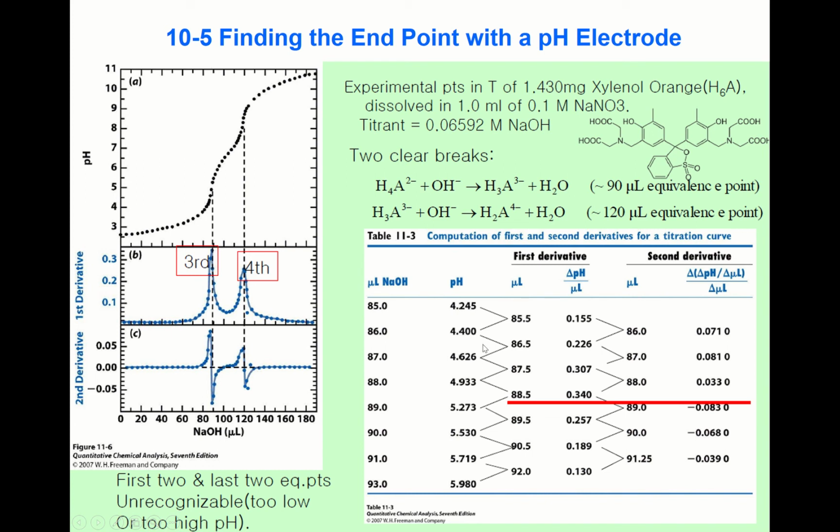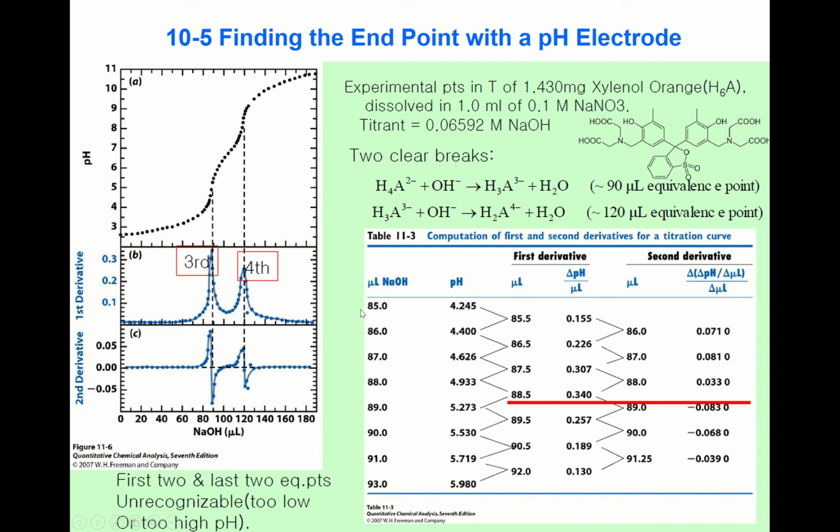And then here, for the first derivative, you take the pH change per added volume. You do this process from maybe 85 to 96, around the third end point.